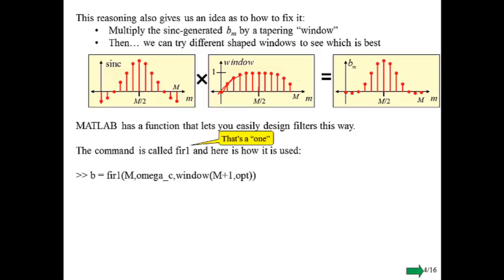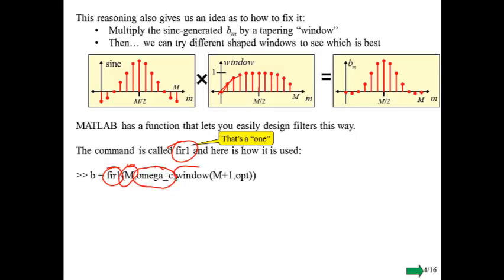Now, Matlab has a nice function for doing this kind of windowed sinc function design, and it's called FIR1. It also has a lot of window functions that will allow you to choose appropriate windows. So you call FIR1, you tell it the order of the filter that you want, the value of M. You tell it what frequency you want as your cutoff.